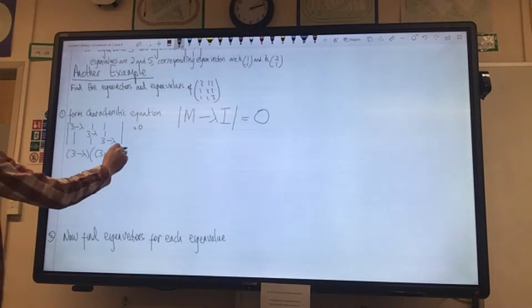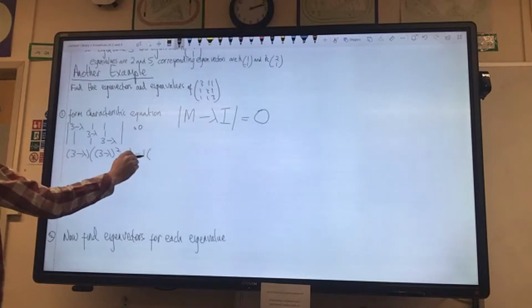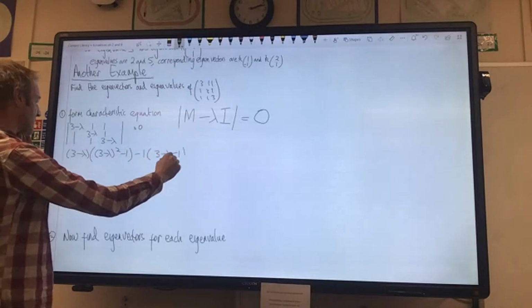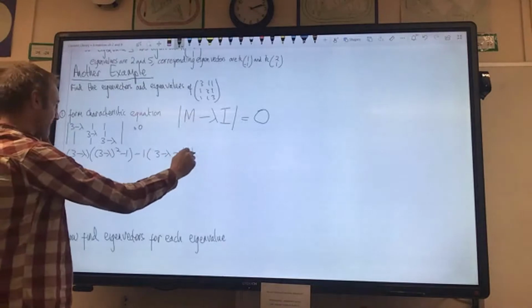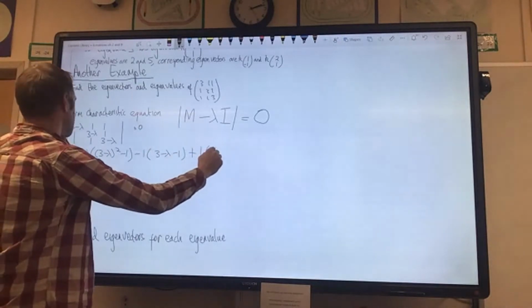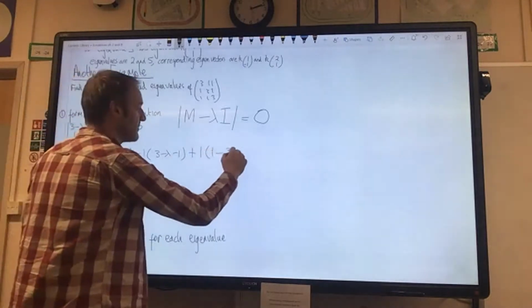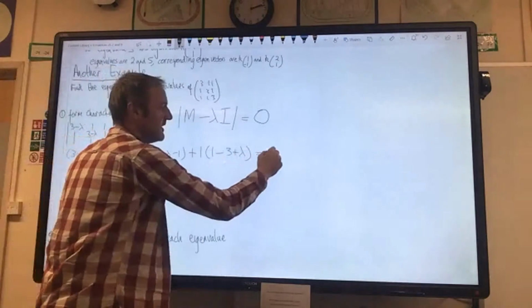And minus 1 times 3 minus lambda minus 1. Good, fantastic. And plus 1 times 1 minus 3 plus lambda. 1 minus 3 minus lambda, 1 minus 3 plus lambda, yeah. Okay, and that's got to equal 0.